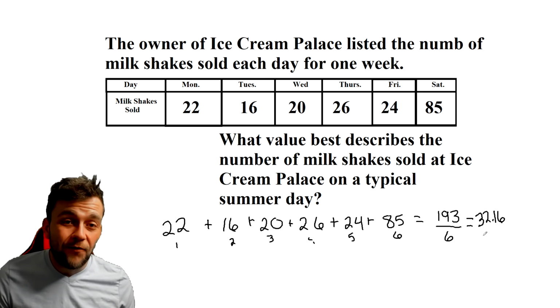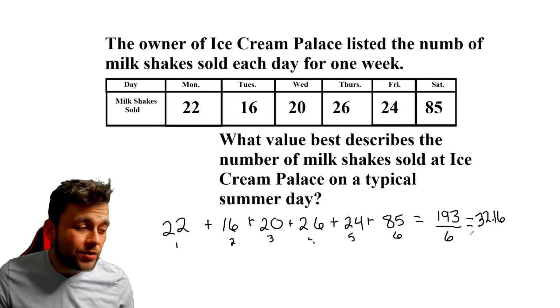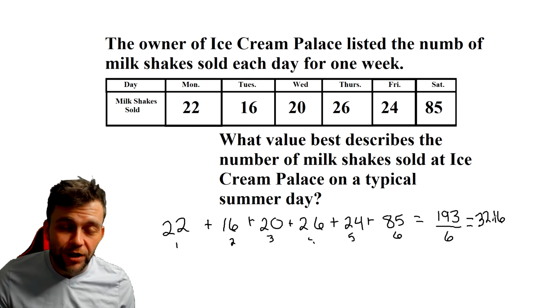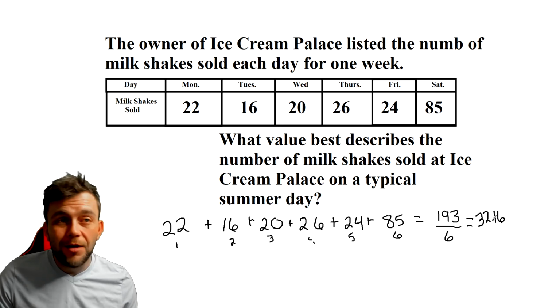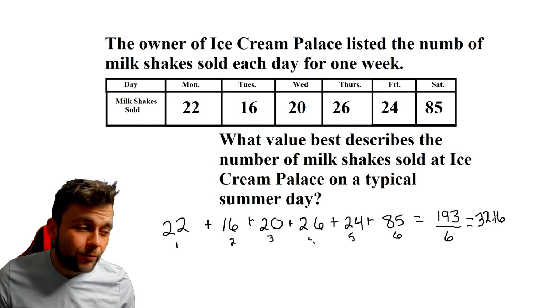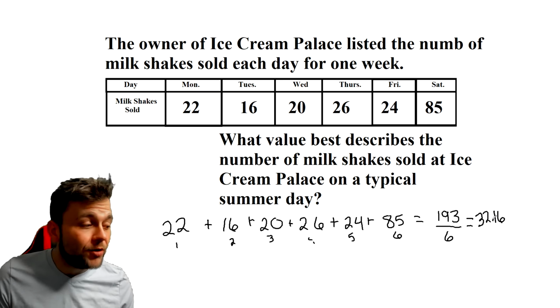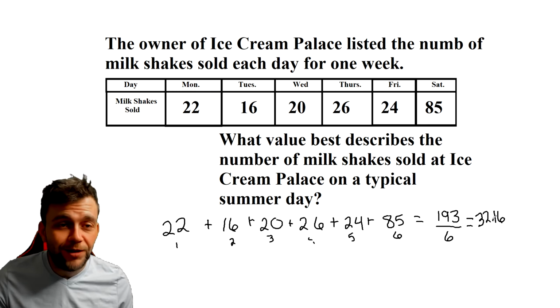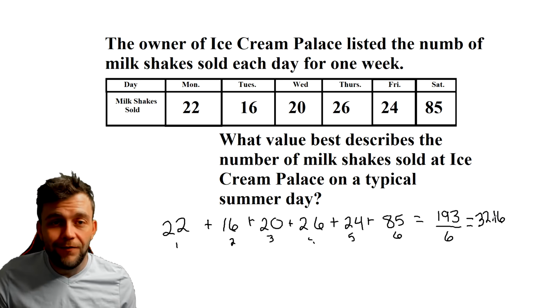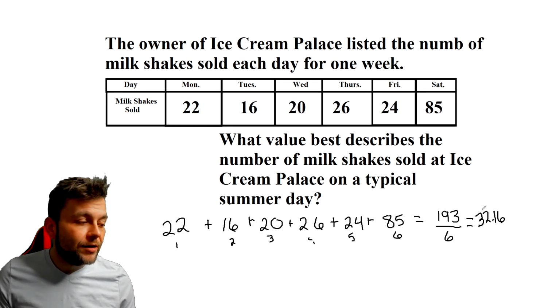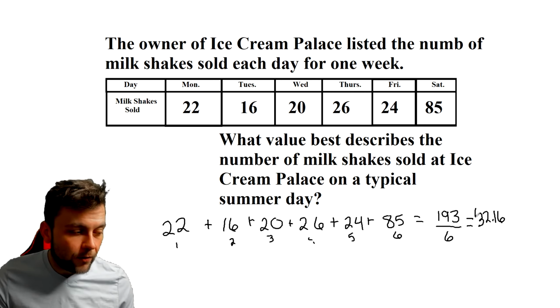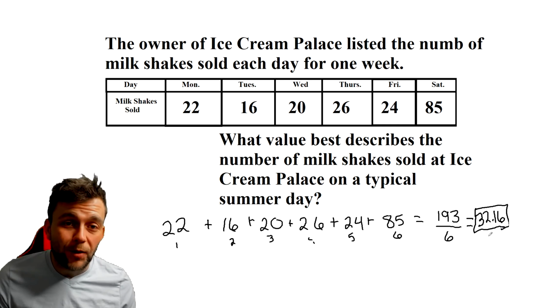They might have you round down and call this just 32 whole milkshakes, right? Because you're going to sell them. Technically, with it being above 32, I guess it could be 33 milkshakes sold, and that one person didn't finish theirs. But 32.16 is going to be your answer for the number of milkshakes sold on a typical summer day.